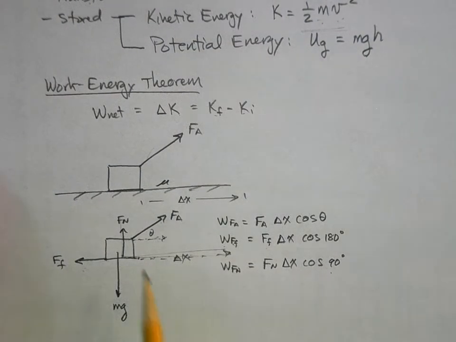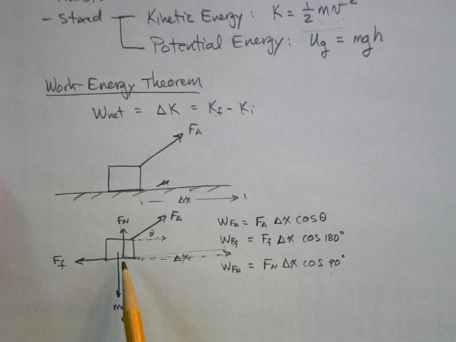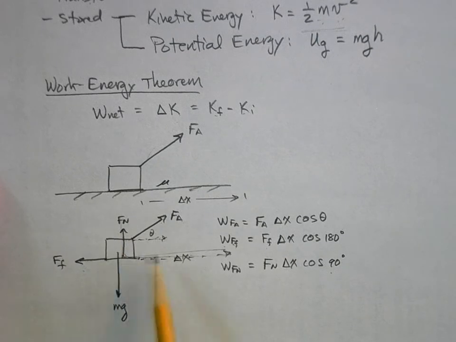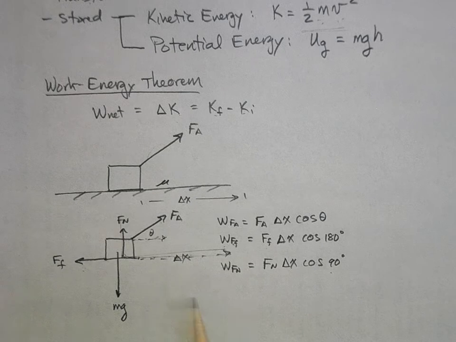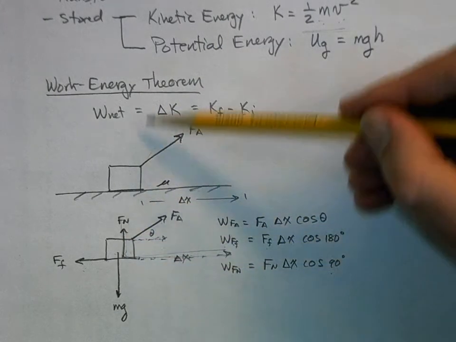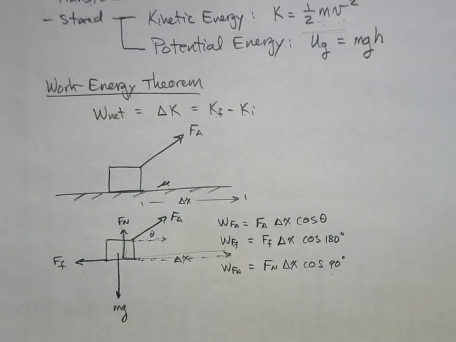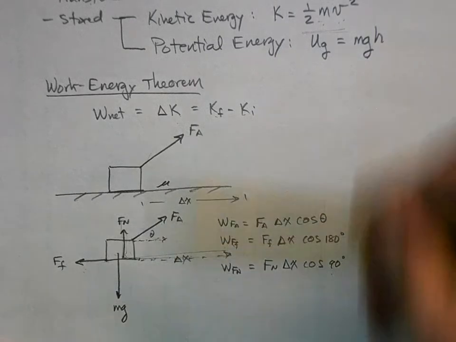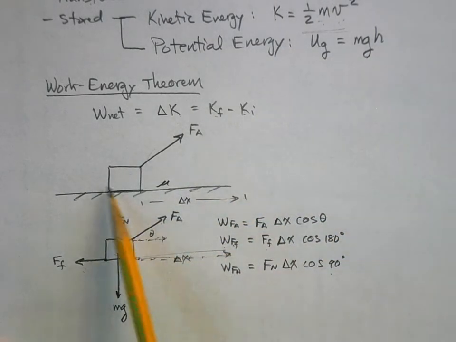Look at this normal force. It's pointed up. It's not contributing any transfer of energy to the object if it's moving to the side. Now, if the normal force was big enough where it actually lifted the object up, then it would be doing work. But it's not. The crate is constrained to move horizontally.